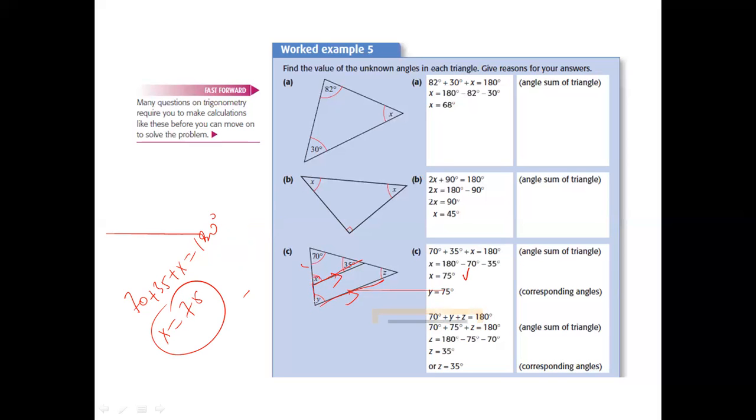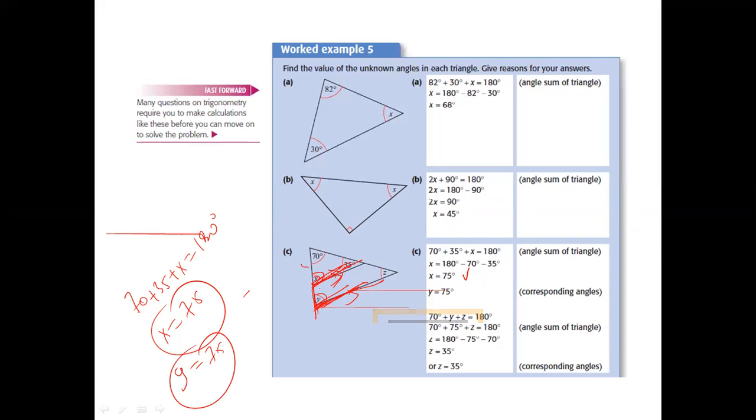And we have the letter F. What was the letter F? It was corresponding angles. If two lines are parallel, their up angles or down angles are equal to each other, so that's why x is equal to y. And what was x? It was 75, and automatically y is also equal to 75.